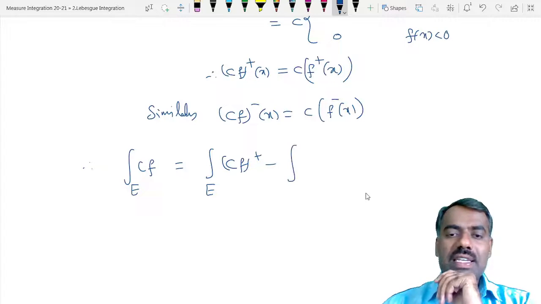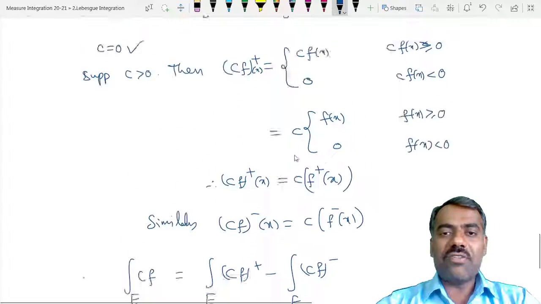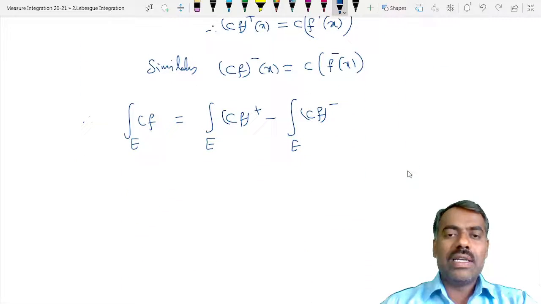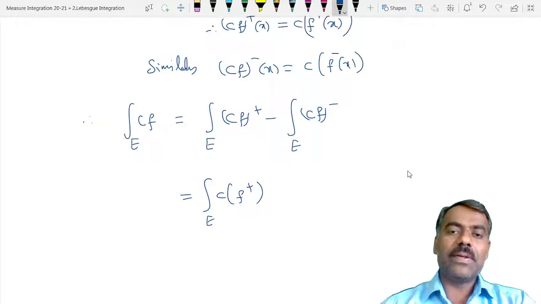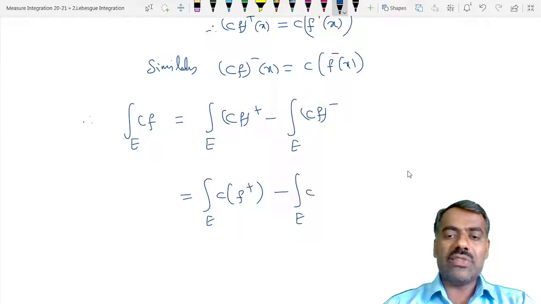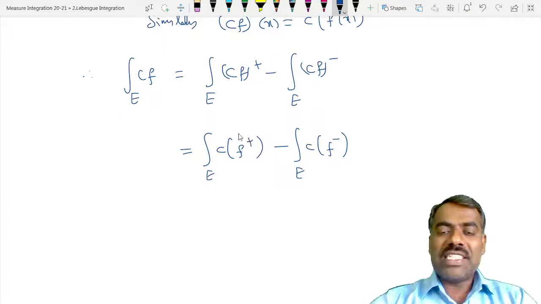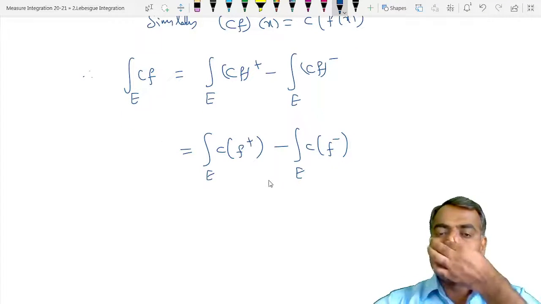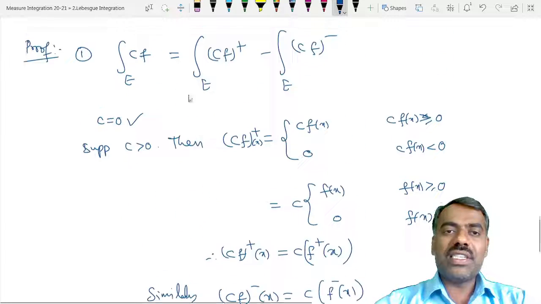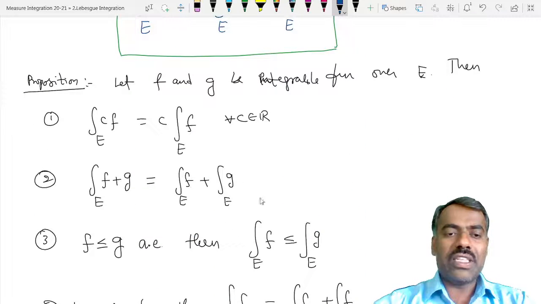Okay, so therefore this integration of C times f over E is same as integration over E of CF plus minus integration of CF minus over E, which is same as integration over E of C times f plus minus integration of C times f minus. But now this f plus is non-negative, yes or no? For non-negative, this result is already true for all these four points.